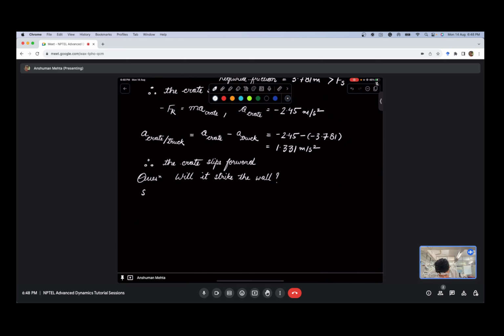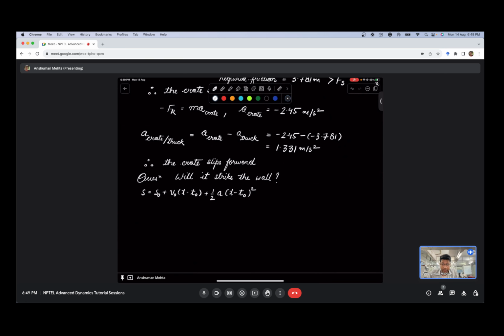Now using s is equal to s naught plus v naught into t minus t naught plus half a into t minus t naught square.